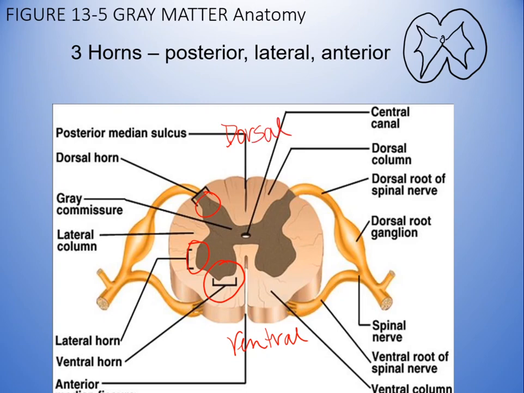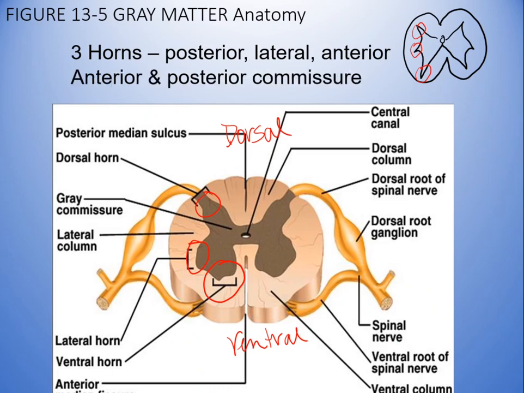That's why I like my picture up here because I have these points that correspond to each of these areas. This is just anatomy right now. When we talk about what gray matter does, we're going to use this. We're going to say blah, blah, blah happens in the posterior horn of the gray matter. So it's useful to realize these words, horns, mean the points on the gray matter.